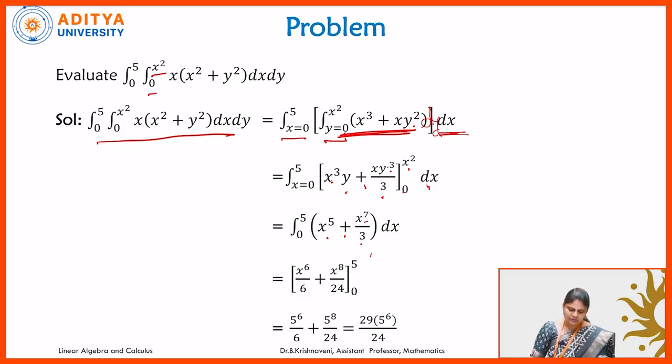Now do the integration with respect to x. x⁵ integration is x⁶ by 6, plus x⁷ integration is x⁸ by 8, 8 into 3 is 24.